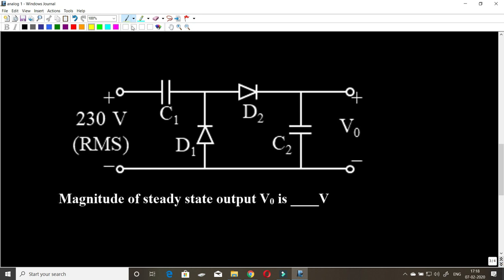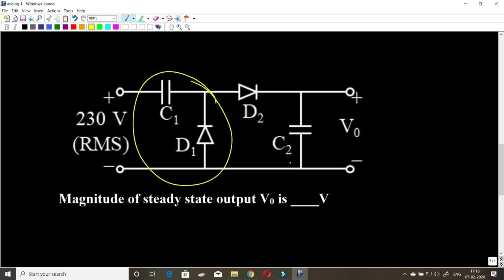So here we have a circuit that has two capacitors C1 and C2, and also two diodes D1 and D2. Well, the simple observation one can make is that this circuit can be thought of as being a combination of two blocks.